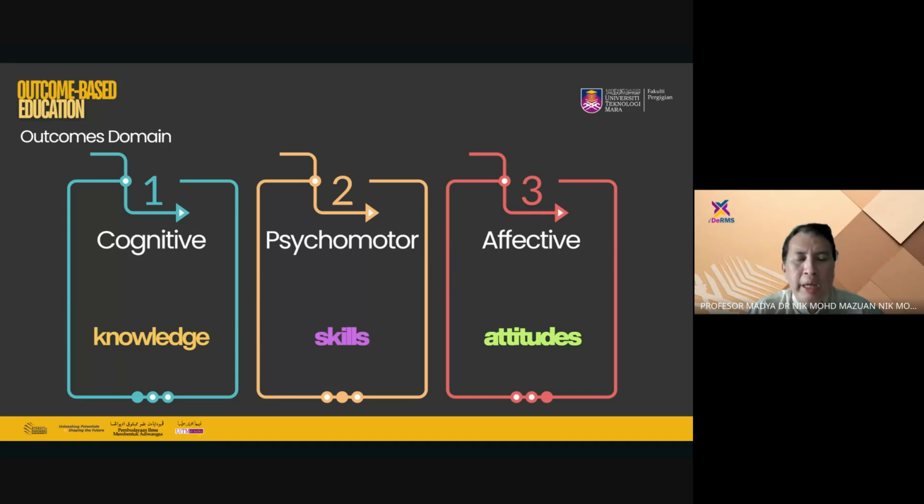As you can see, even the program standard learning outcomes sometimes have mixed domains, but very few. If you want to make your life easier in terms of assessment and CQI, try to make your learning outcome only one domain. Life will be a lot easier if you do that. So that's my take home message.